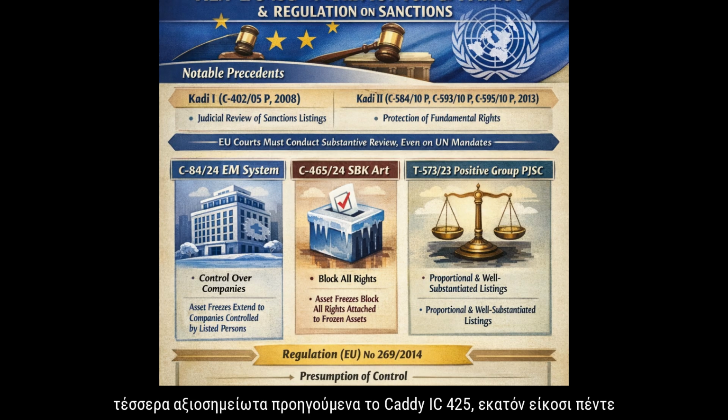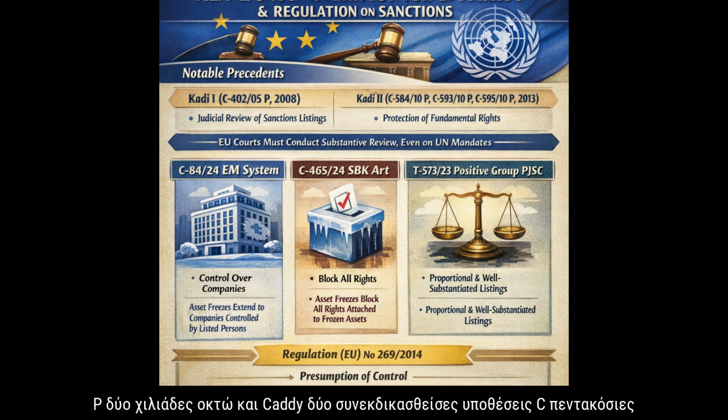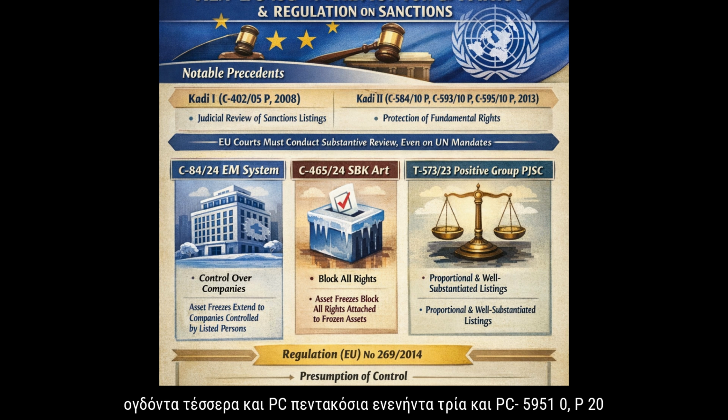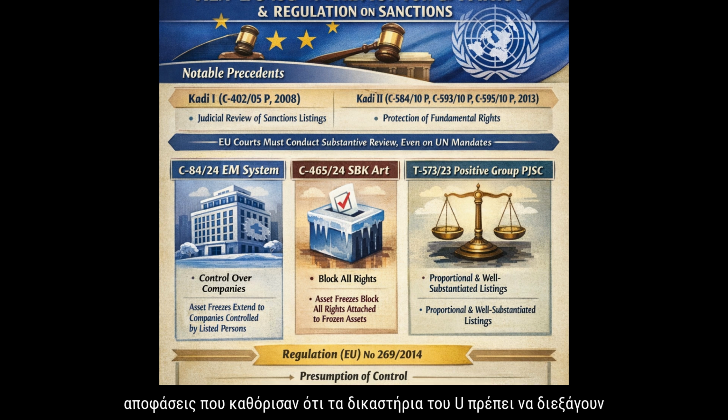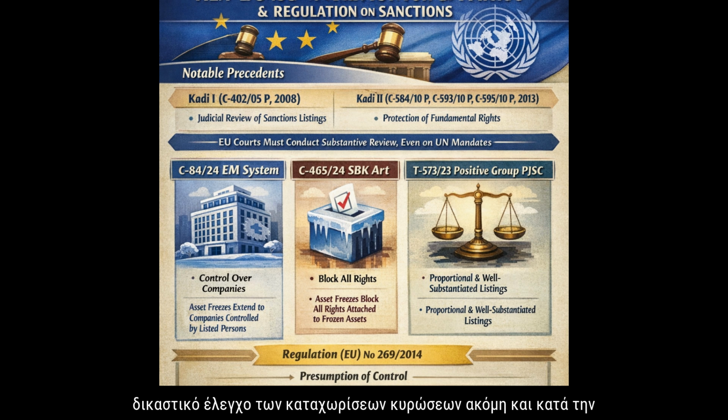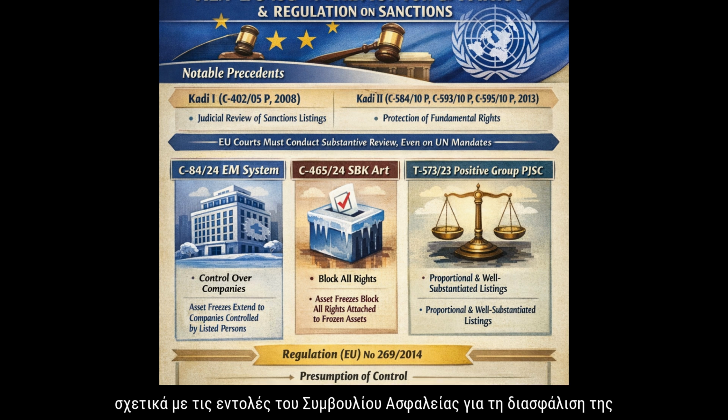4. Notable precedents. The Kadi I, C-402/05 P, 2008, and Kadi II, joined cases C-584/10 P, C-593/10 P, and C-595/10 P, 2013 judgments established that EU courts must conduct substantive judicial review of sanctions listings, even when implementing UN Security Council mandates, to ensure fundamental rights are protected.